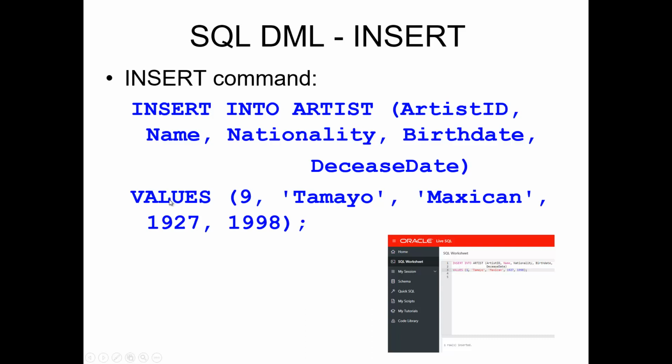The values will be 9. That's for the artist ID. Name is Tamayo. The nationality Mexican. The birth date is 1927, and the deceased date is 1998. So we did enter some information in the database using the insert into statement.